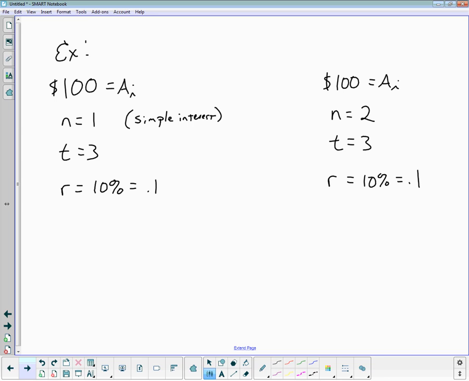So let's crunch the math and see which one is better. Well, 1.1 to the third is going to be 1.331.